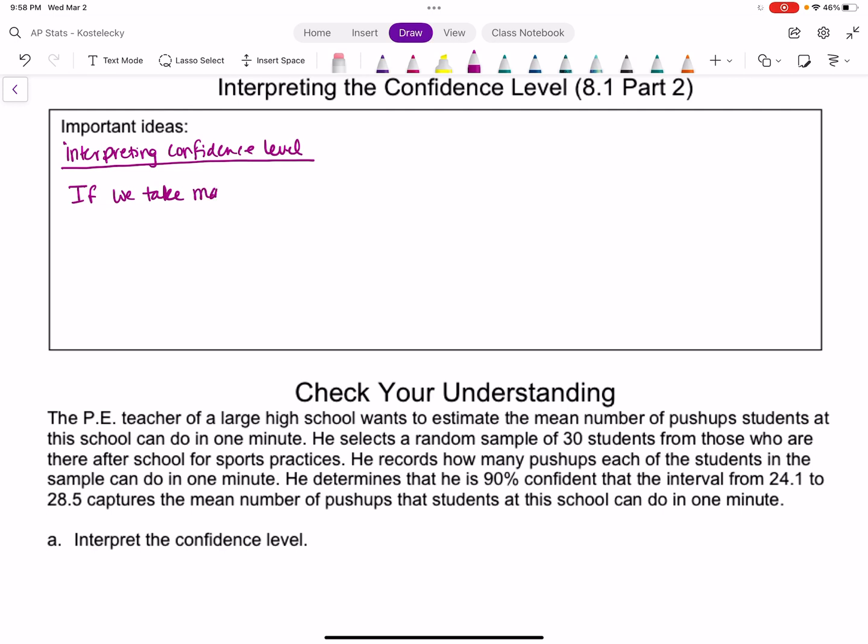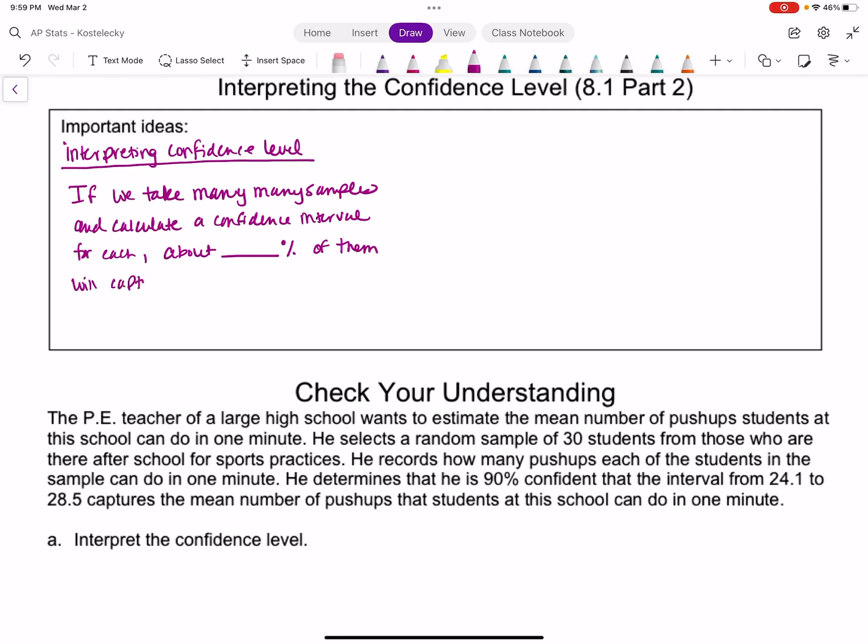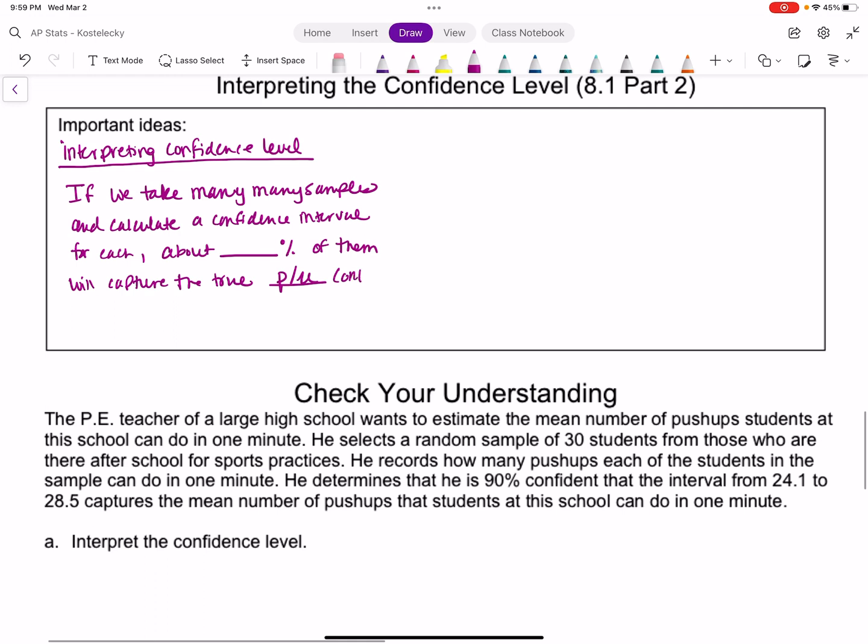If we take many samples and calculate a confidence interval for each, about blank percent of them will capture the true, and then we're going to put in either your parameter for the population proportion or your parameter for the mean, and then in context.